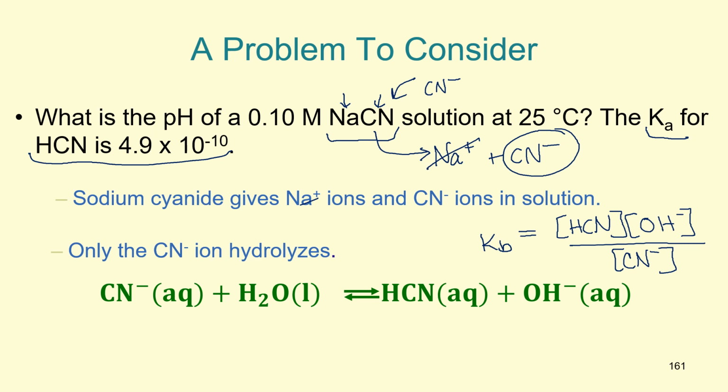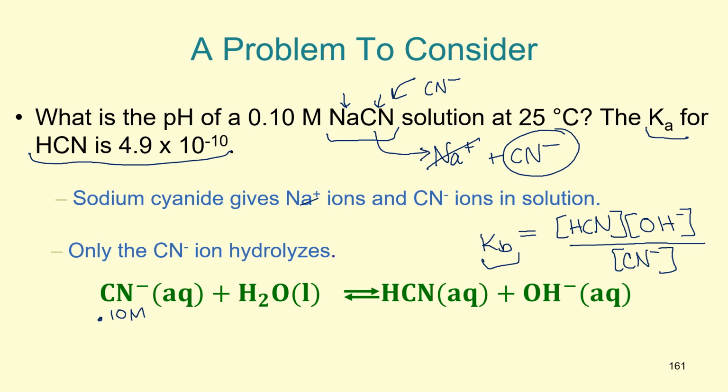Now we could solve this problem, since we know it's 0.1 molar, as long as we know Kb. The important thing to remember is that because we're not dealing with the acid, we're dealing with the salt, which is the base, we're going to have to use the Kb.